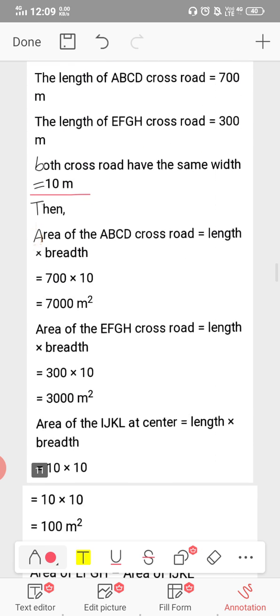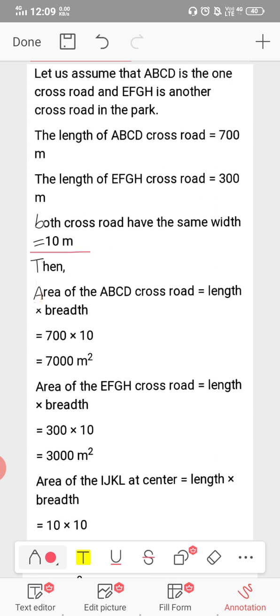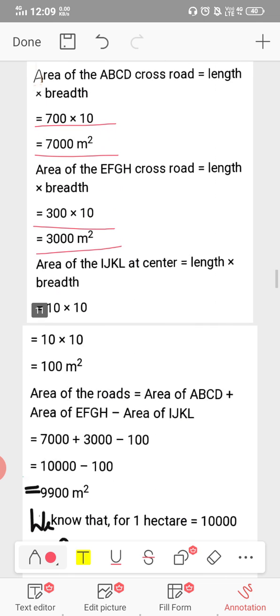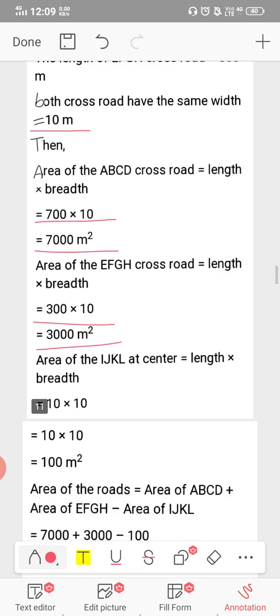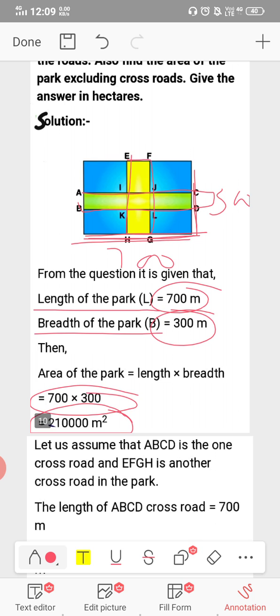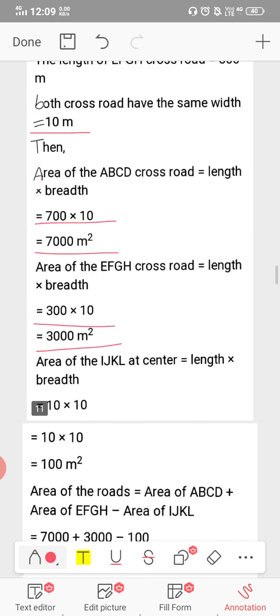So we will find the area of both these crossroads, that is 700 into 10, which is 7,000 meter square, and 300 into 10, that is 3,000 meter square. Now the area of IJKL at the center, in the diagram we can see that this is the area IJKL. We have to find that.